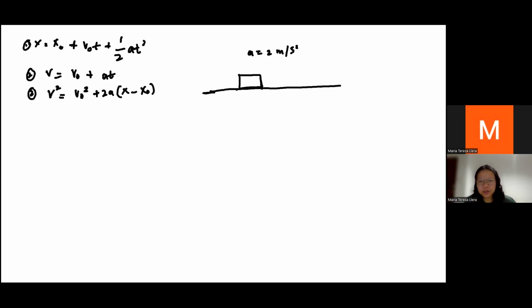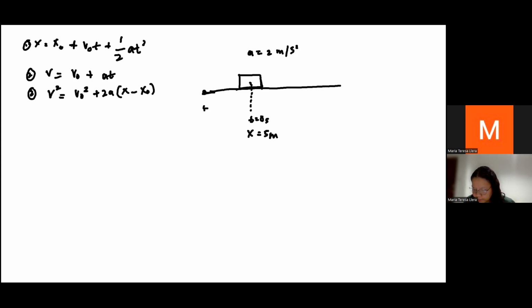So that means at the starting point, this point, at t equals 0 seconds, the distance of this point from the origin is 5 meters. So for example, this is the origin, and from this point to this point, it's 5 meters.